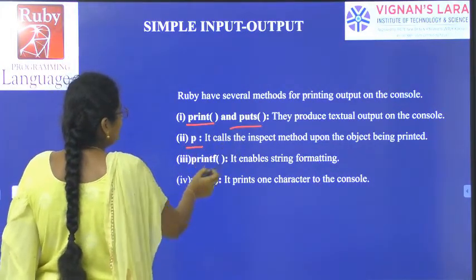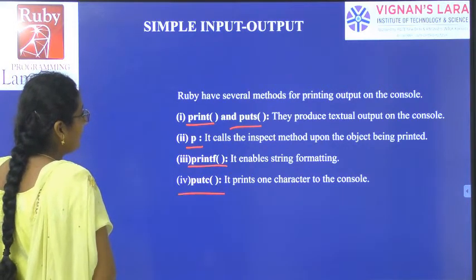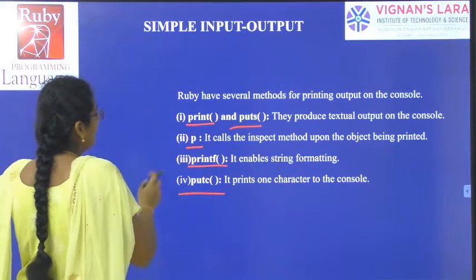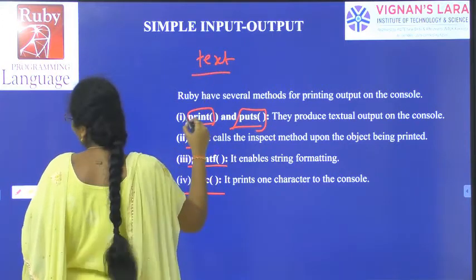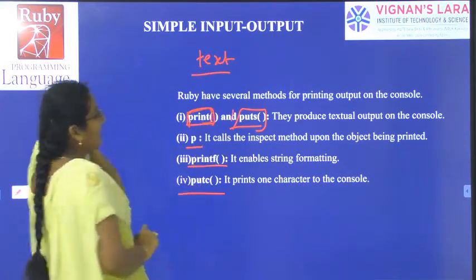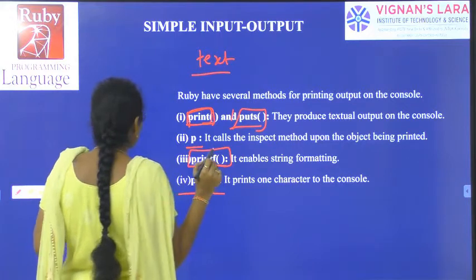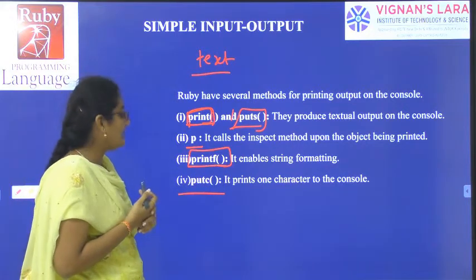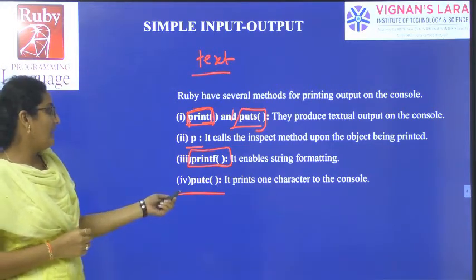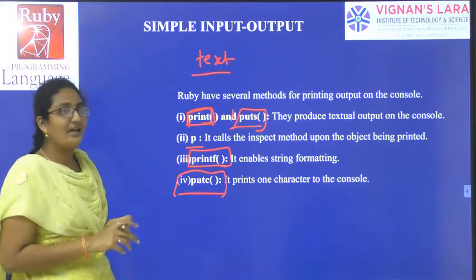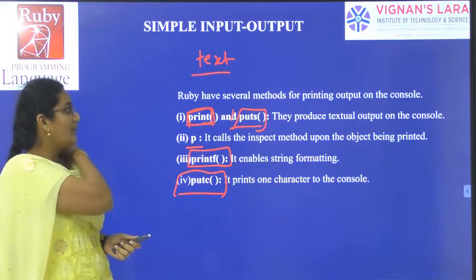If you want to produce text as output, you use print or puts. In the same way, if you want to produce a string as output, you use printf. If you want to display any character as output, then you use putc.